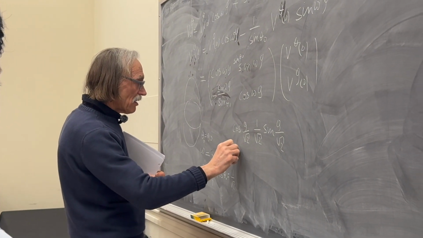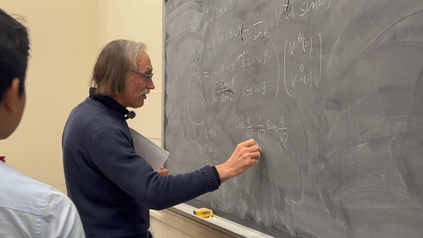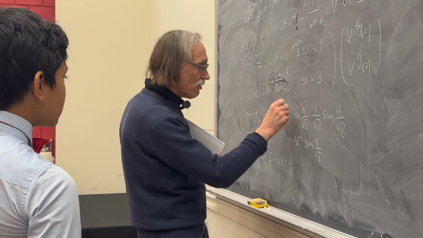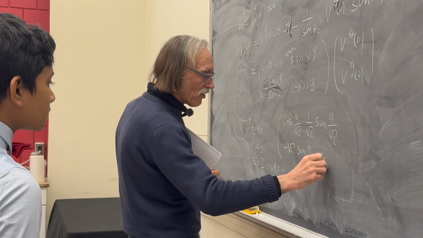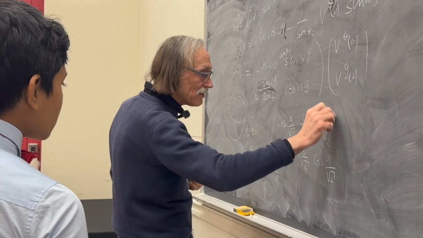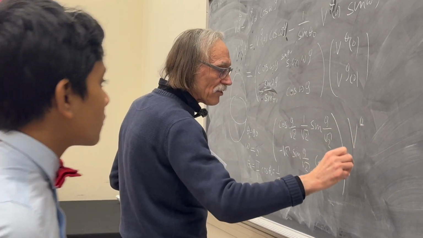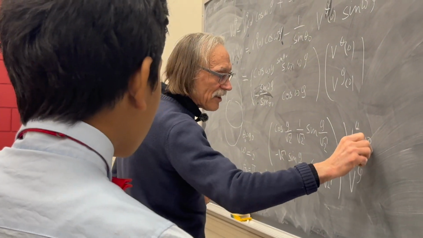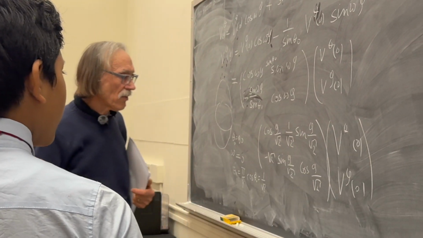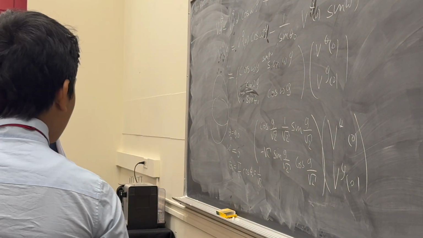This becomes minus square root of 2 times the sine of phi divided by square root of 2. And here we get the cosine of phi divided by square root of 2. And this acts on the initial vector at time 0. Wait, have I confused omega and theta naught? Now omega is cosine theta naught.